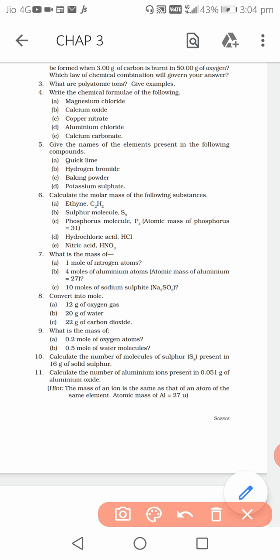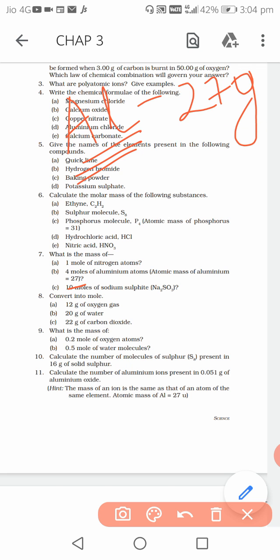Next one, 4 moles of aluminium atom. For aluminium, 27 is the given atomic mass. That means aluminium is 27 u, that is one atom. Then 1 mole of aluminium will be how much? 27 gram for 1 mole. But how many moles are given? 4 moles.